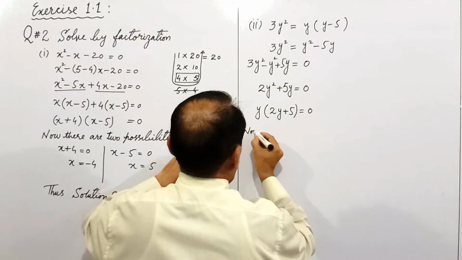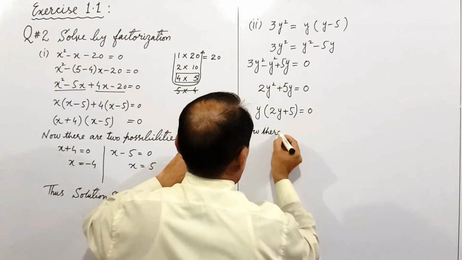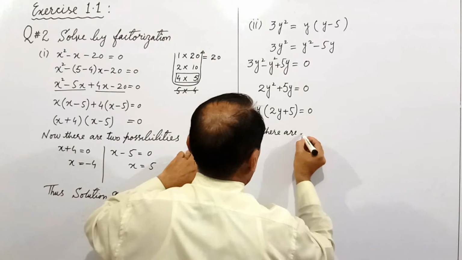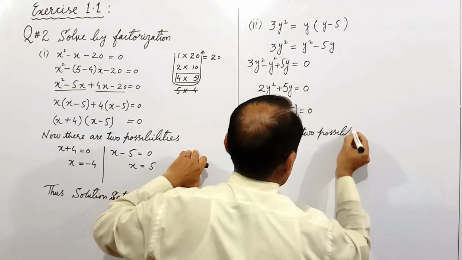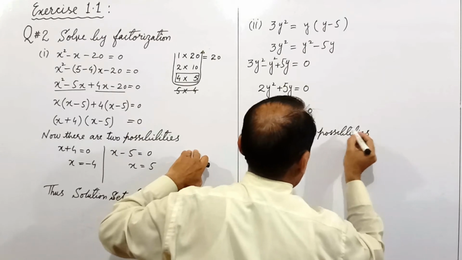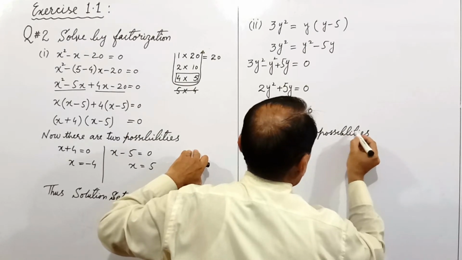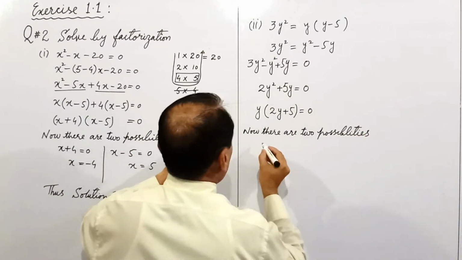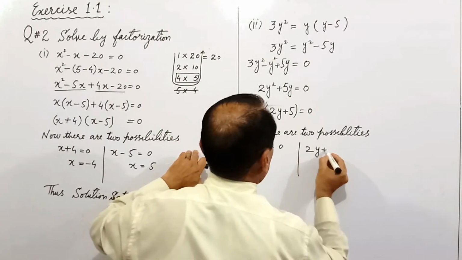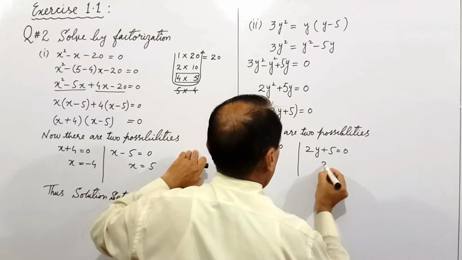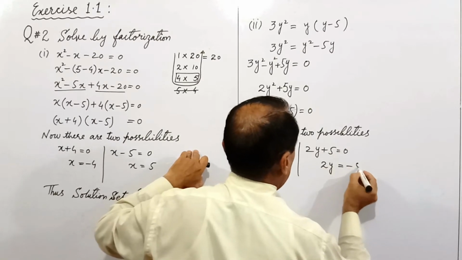Now there are two possibilities. y is equal to 0 and 2y plus 5 is equal to 0. 5 is taken to the right hand side, it will become minus.